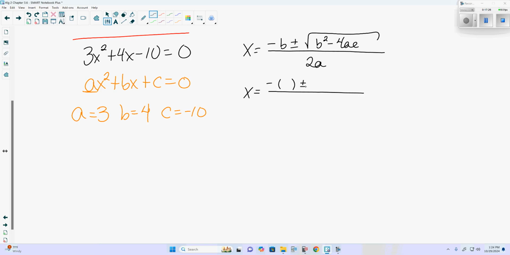So the first one we had is negative b, so it would be negative 4, plus or minus the square root of b squared, so 4 squared, minus 4 times a, which is 3, times c, which is negative 10, all over 2 times a.